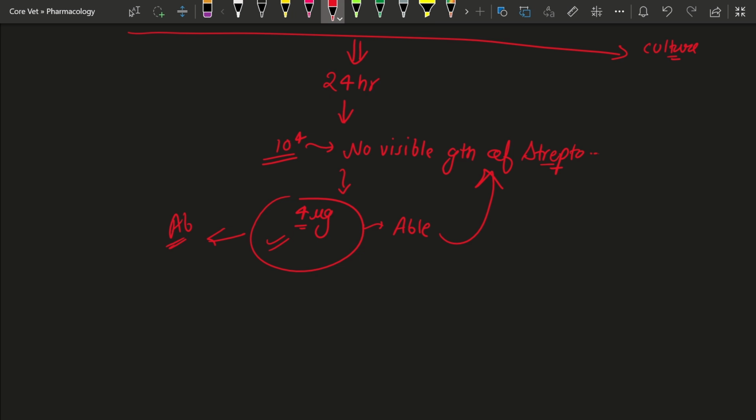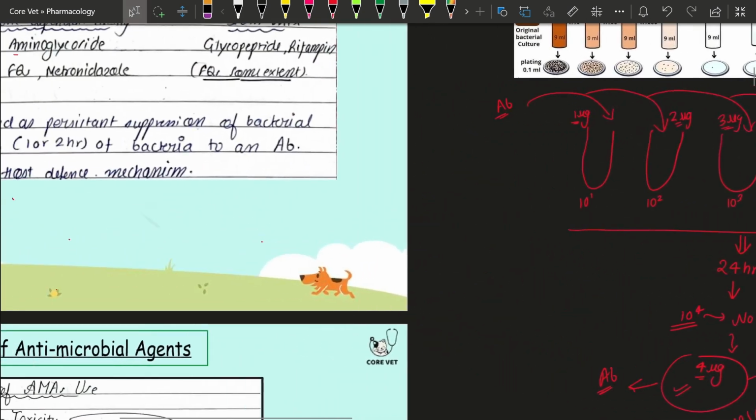That means at that particular concentration of an antibiotic, there was no visible growth at a certain dilution level. That's what the minimum inhibitory concentration means.